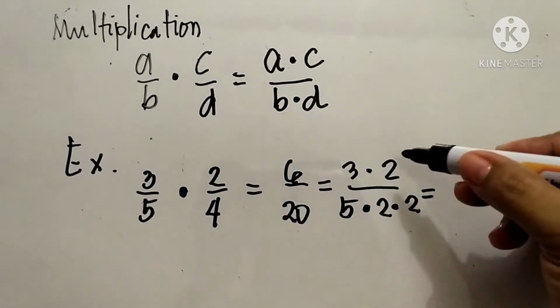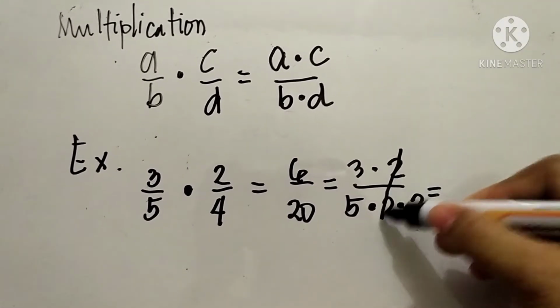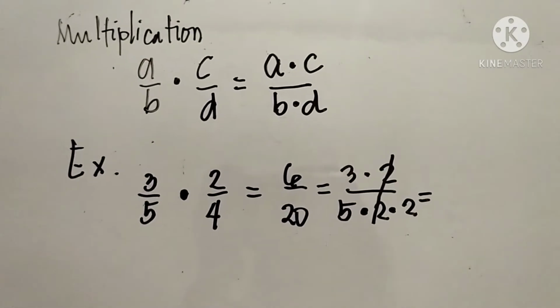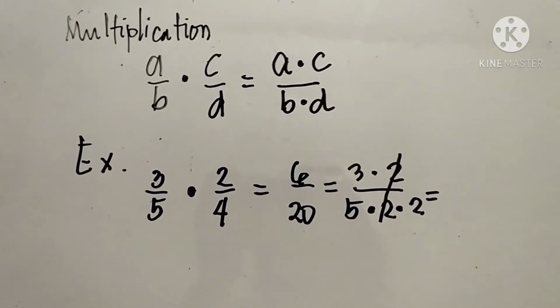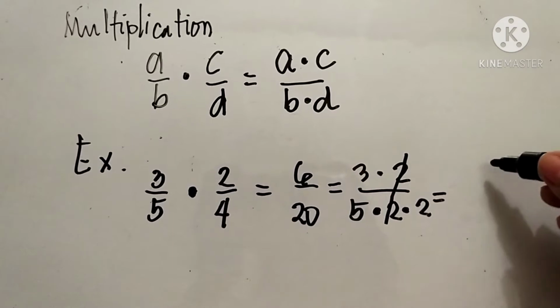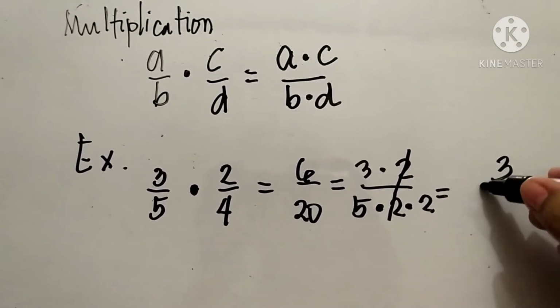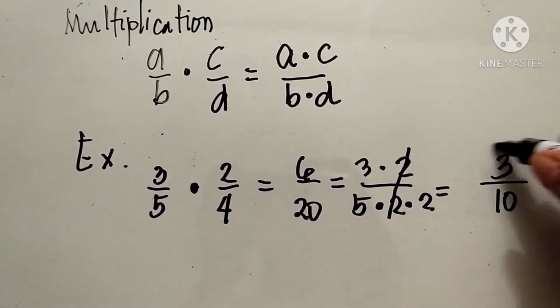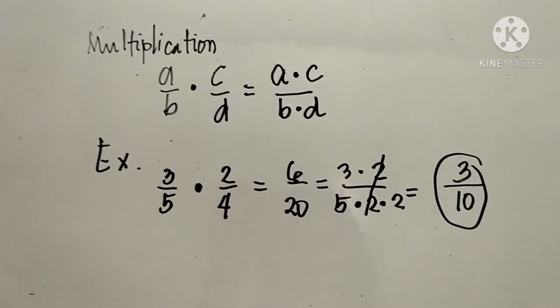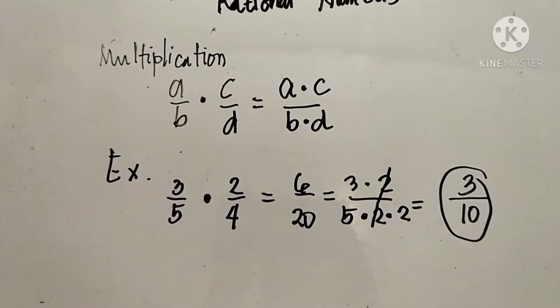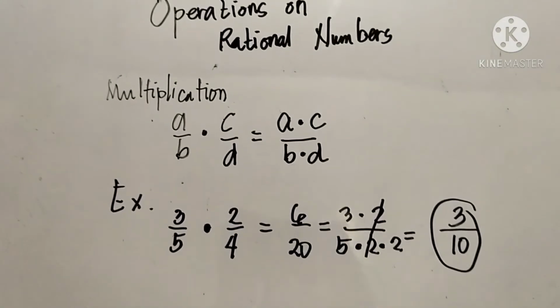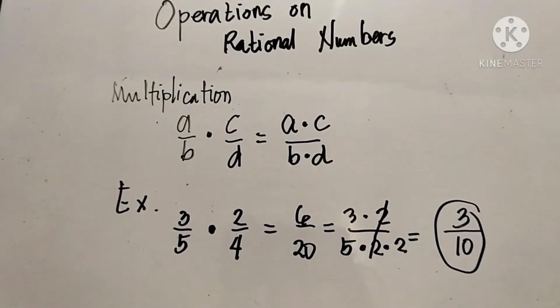Okay, so meaning this one is cancelled out, because 2 divided by 2 is 1, so what is left is 3 over 10. That is now the product. Okay, that is multiplication.